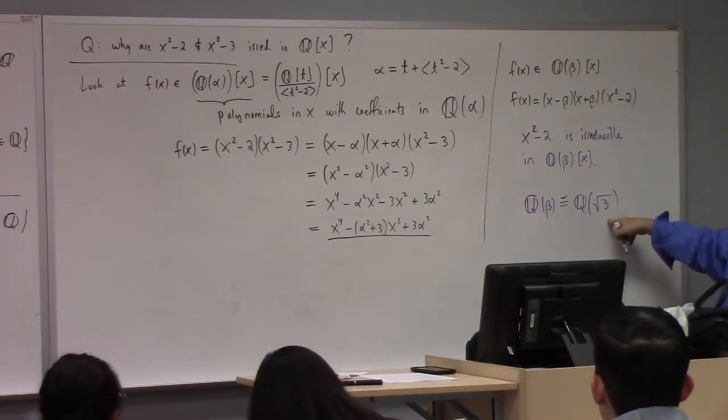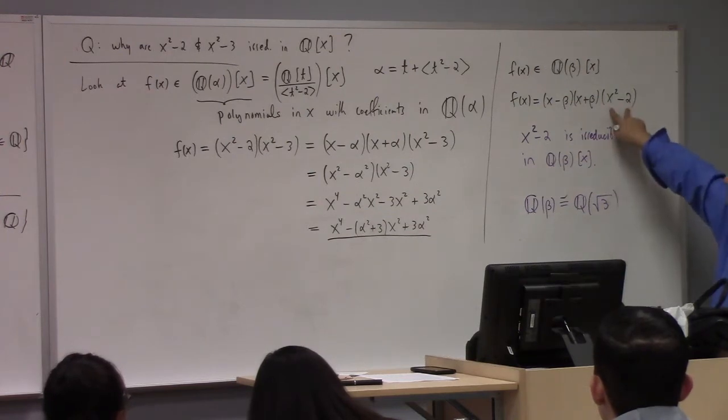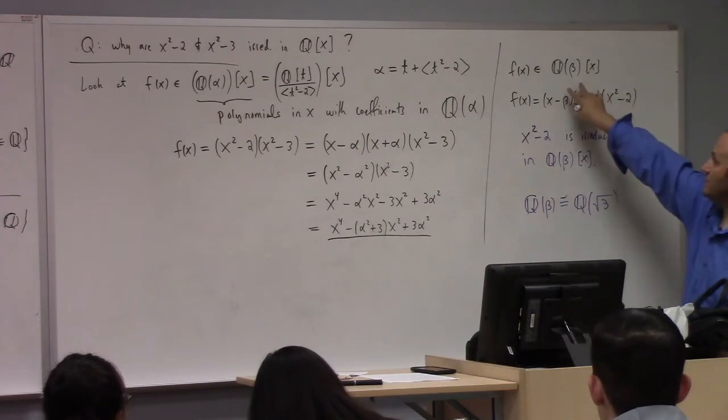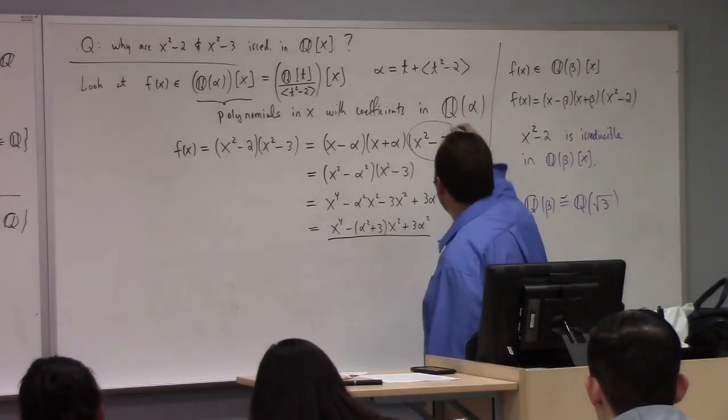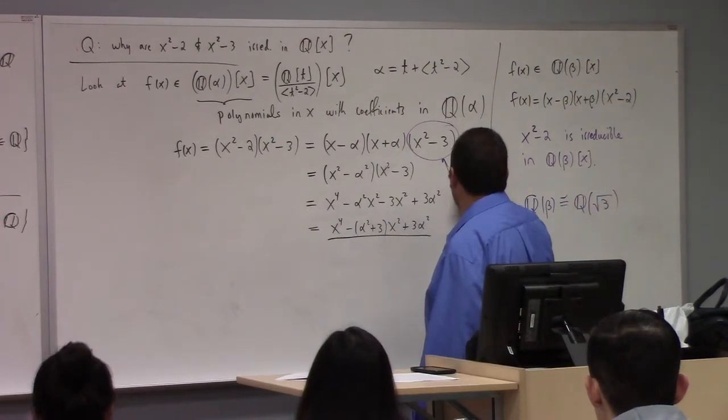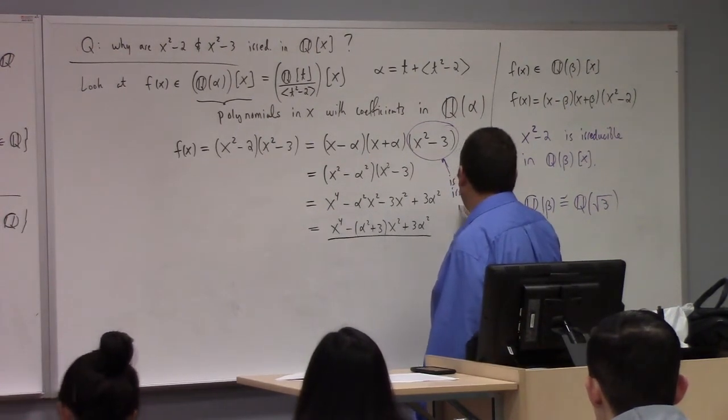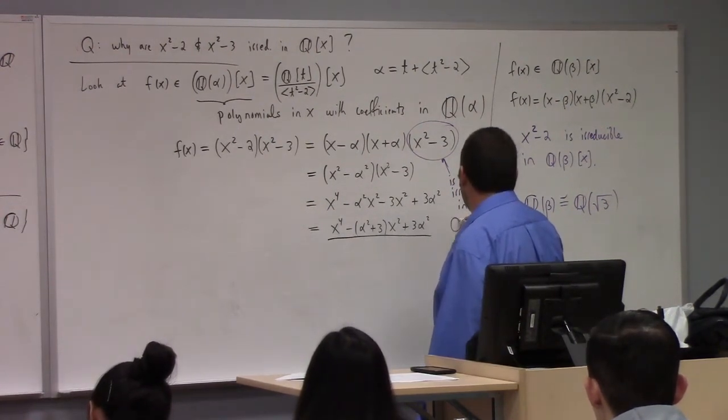So anyway, you can prove that x squared minus 2 is in fact irreducible in Q adjoin beta. And over here, you could prove that this is irreducible in Q adjoin alpha.